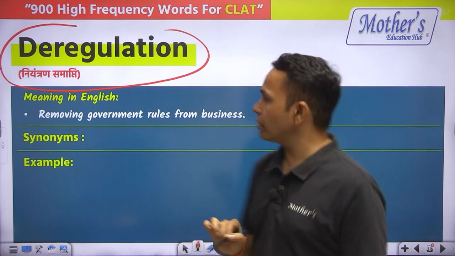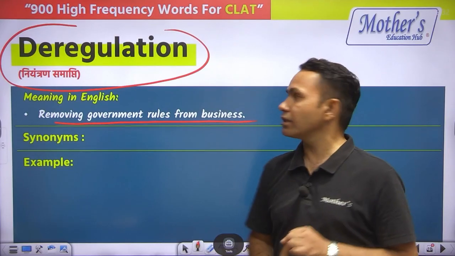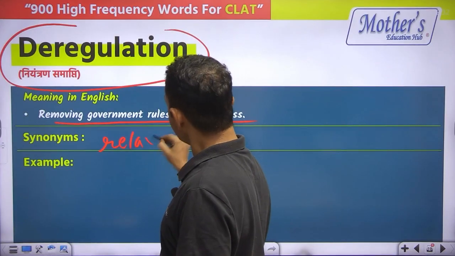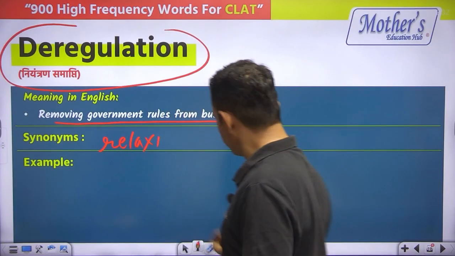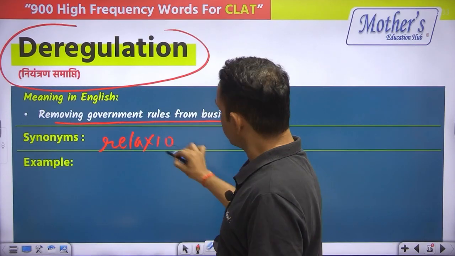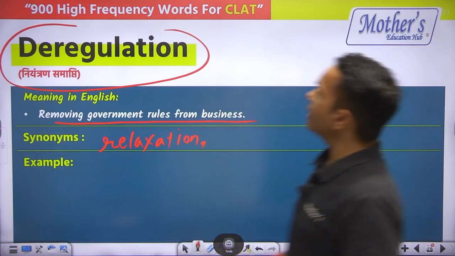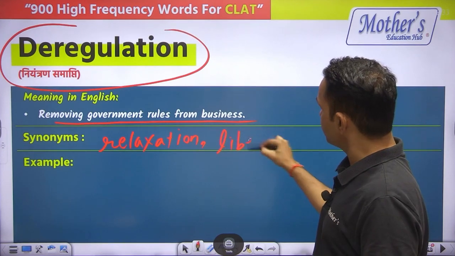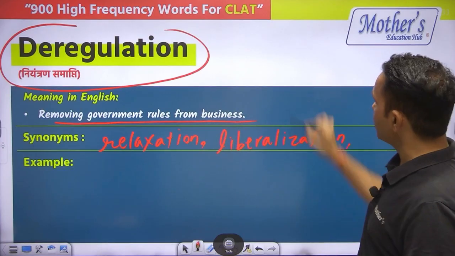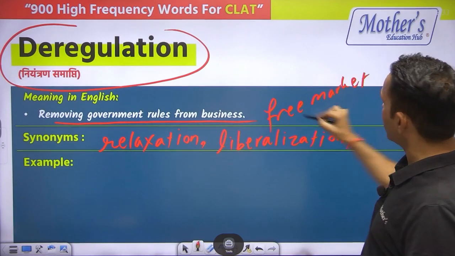Deregulation. Students, deregulation means removing government rules from business. Similar words are relaxation, liberalization, free market, or private market.